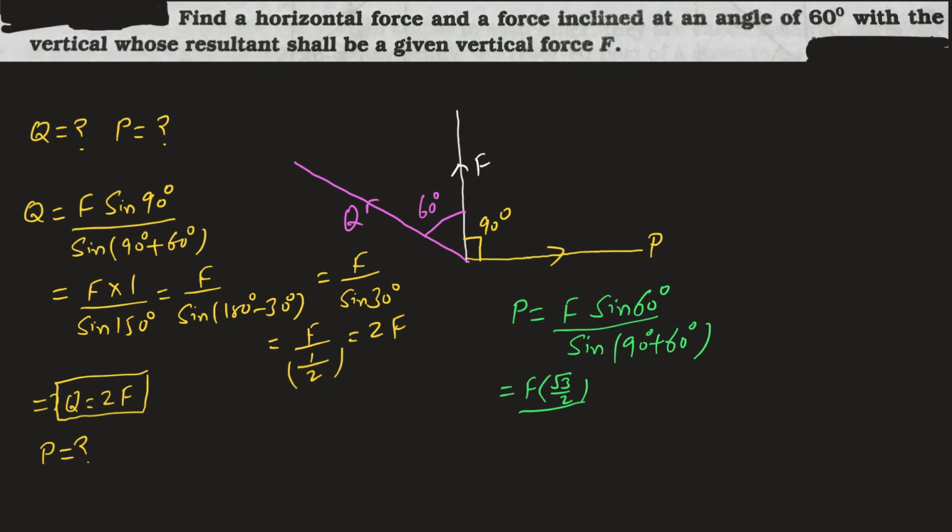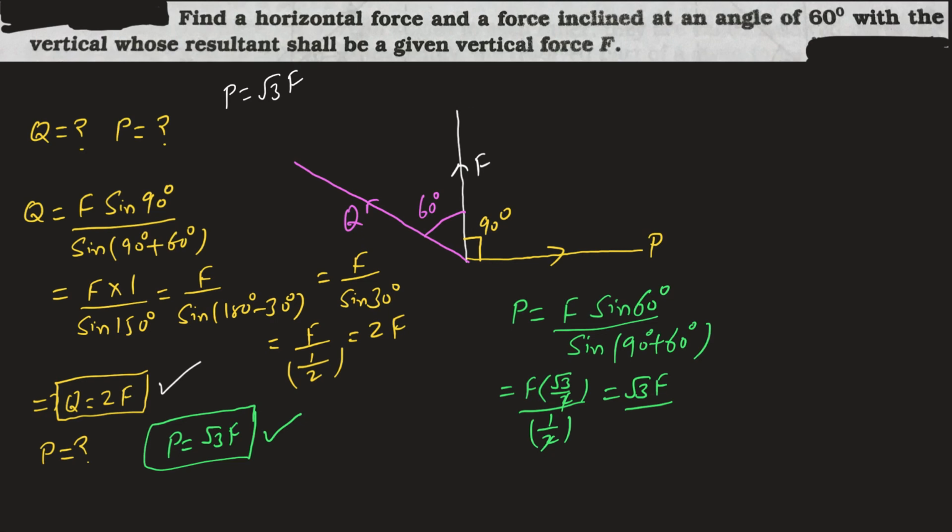So, I am using the value, this is 1 by root 2. So, this will cancel out. So, this will be root 3 F. Fine. So, here P will be root 3 F. So, these are the two components, one is root 3F and another one is 2F. So, P is equal to root 3 F and Q is equal to 2 F.